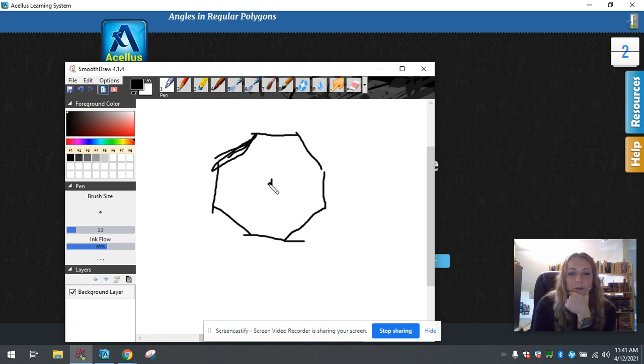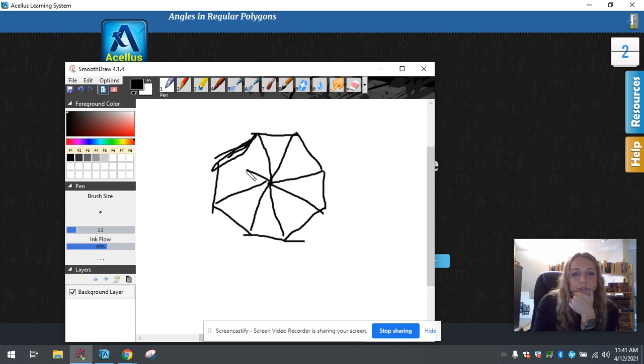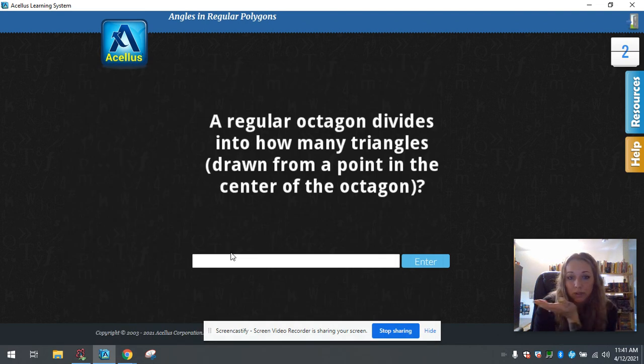If we draw lines from the center to each point, how many triangles can we make? I'll give you a hint. The number of triangles matches the number of sides. So we get 8 triangles for our 8-sided polygon, an octagon.